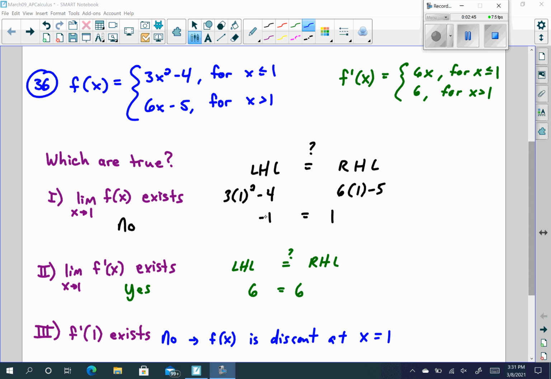And again, it's because we're jumping from this value of negative 1 as we're approaching 1 from the left up to a 1, as we're approaching that from the right. So the correct answer here is 2 only, which is giving us B.